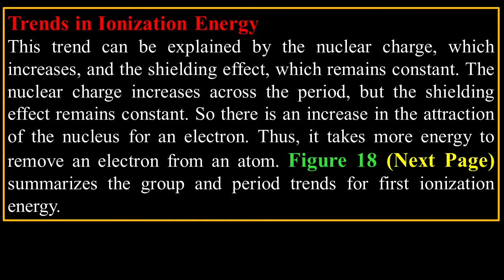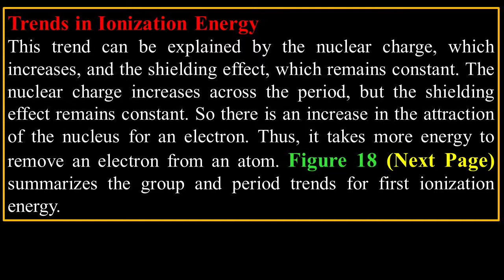This trend can be explained by the nuclear charge, which increases, and the shielding effect, which remains constant. The nuclear charge increases across the period, but the shielding effect remains constant. So there is an increase in the attraction of the nucleus for the electron. Thus, it takes more energy to remove an electron from an atom.